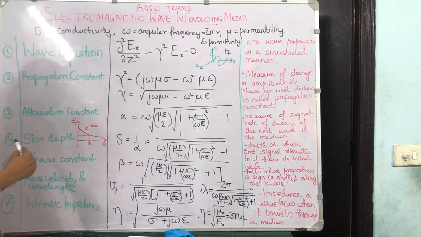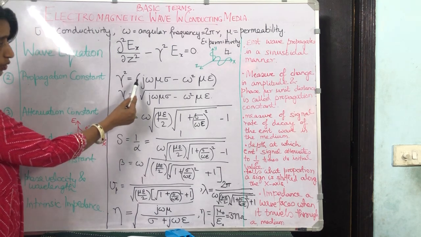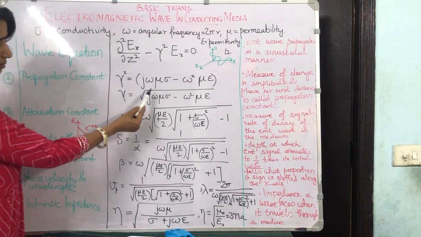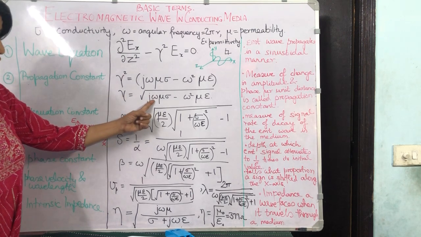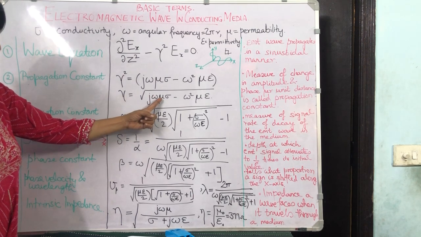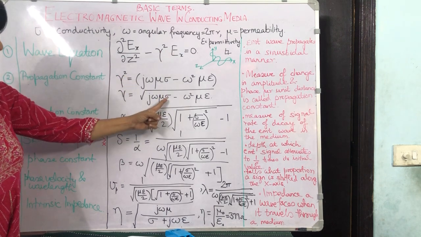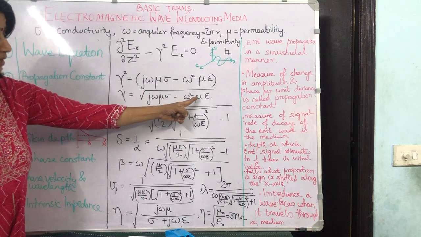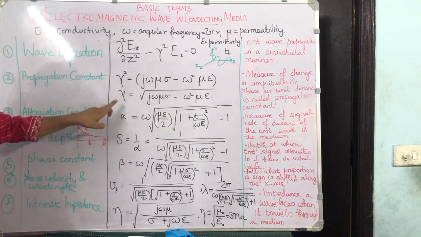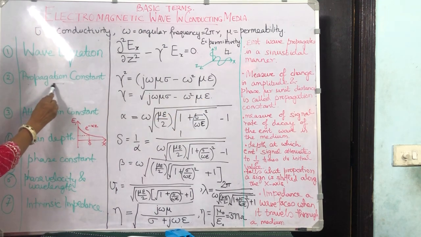We have derived in the previous lecture this expression: gamma is equal to under root of j omega mu sigma minus omega square mu epsilon, where omega is angular frequency, mu permeability, sigma conductivity. So what is propagation constant?